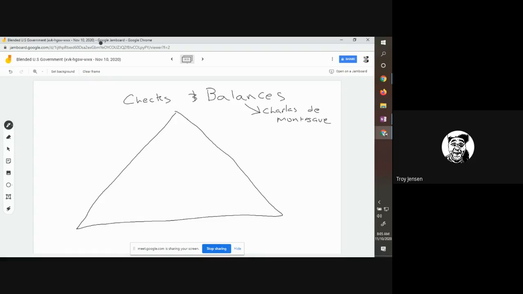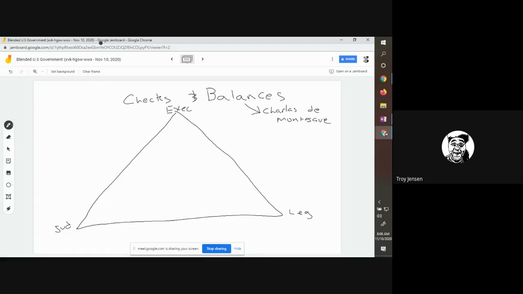With this idea, it's kind of a trifecta of government, with the executive branch on top, legislative on one corner, and judicial on the other. The point is that one branch cannot become too powerful, that there is a system of checks in line so that one branch of government won't become so powerful that it takes over the other two.